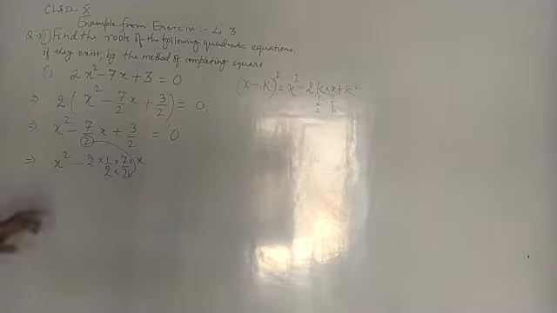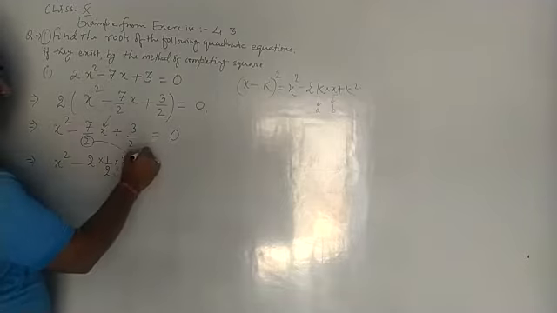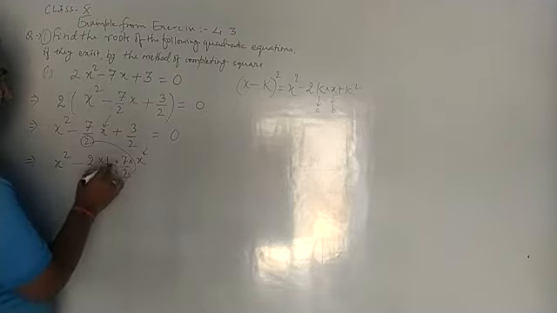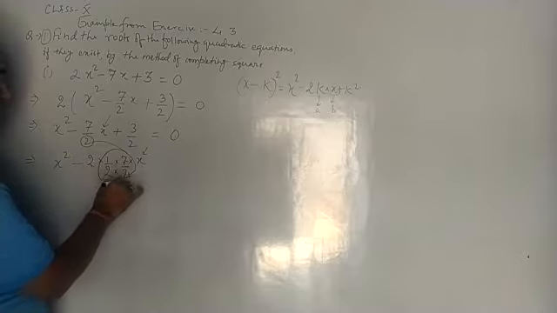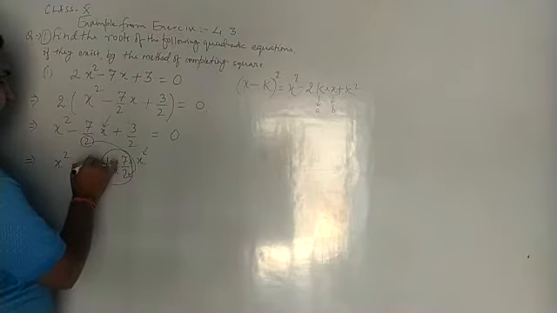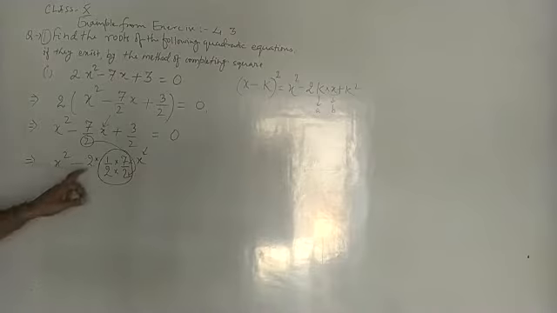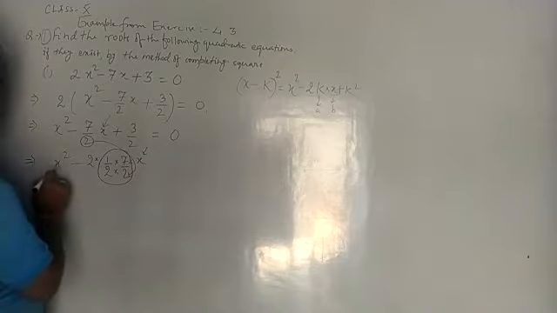Look, so we wrote x square minus 2. In place of b, x is there. So what should a be now? a should be this now. So x square minus 2ab.